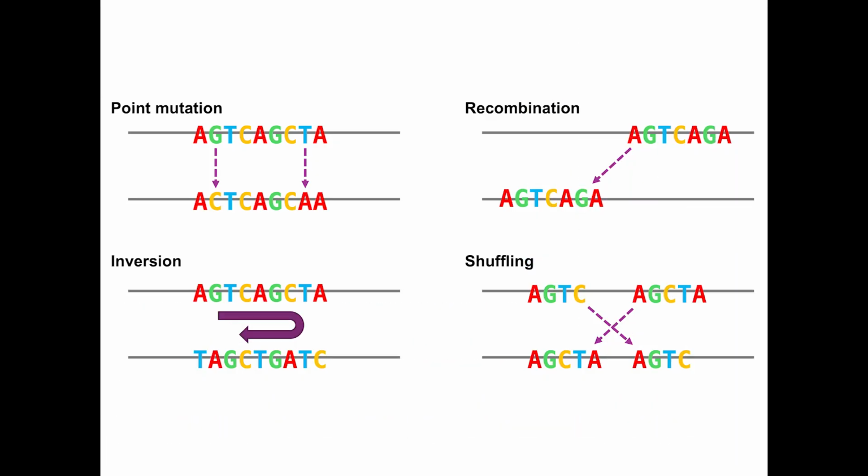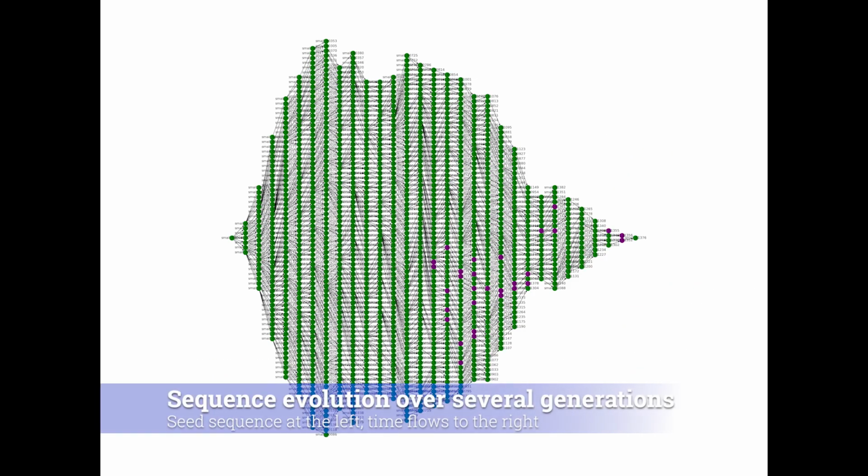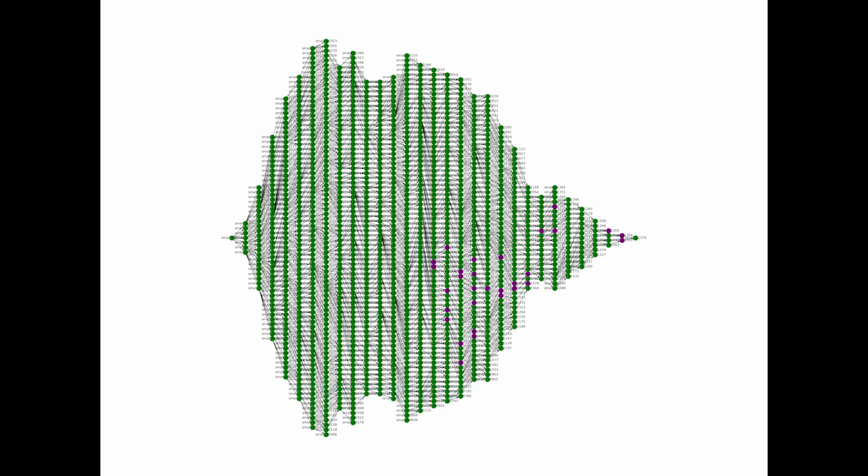These changes included random point mutations at high, medium and low rates, and three kinds of structural variation: inversion, recombination and shuffling. The sequences in each pool are the same length and evolve from a single seed genome over a series of generations, with duplication of genomes at each generation.